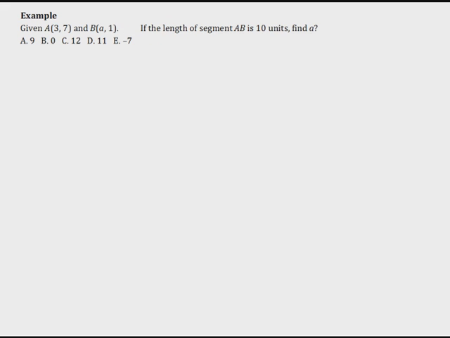Given A 3, 7 and B A, 1, if the length of segment AB is 10 units, find A. So they've given me the length of segment AB, so I know I have to use distance formula. So I'm going to do it my way. So the length of segment AB is 10 units and I need to plot A 3, 7.